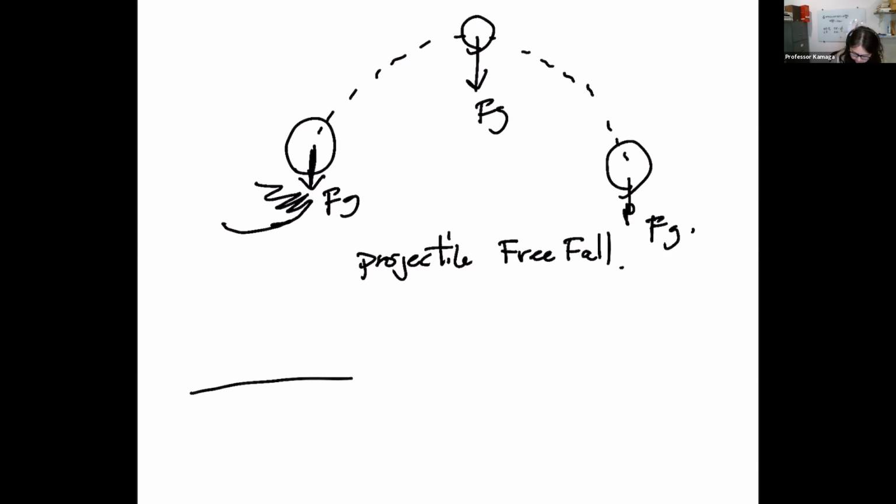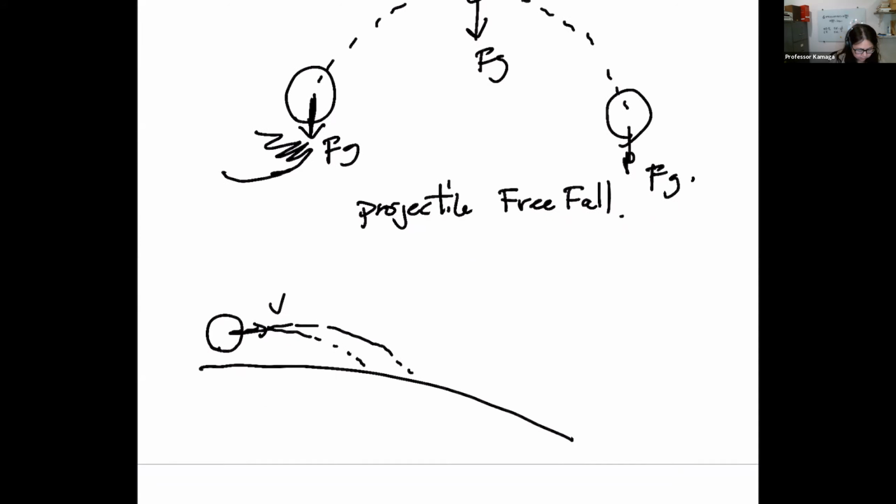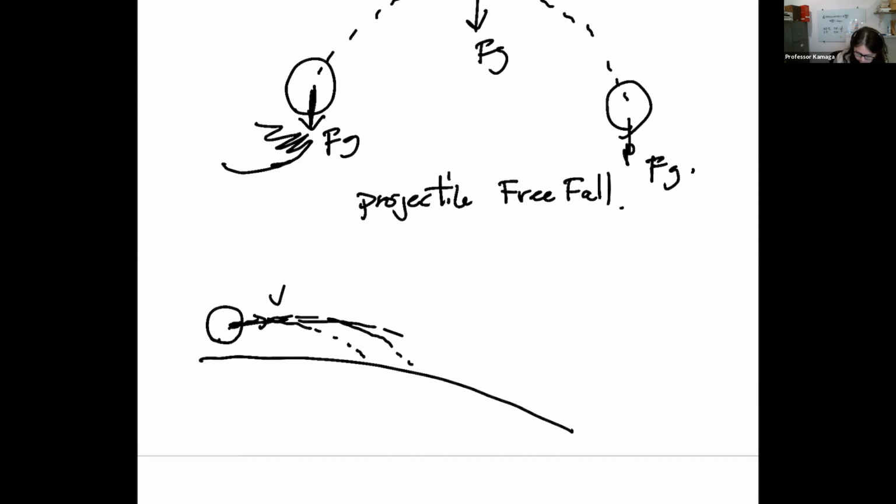Let's say this is the Earth, and I'm throwing the ball. It's going to hit the ground. Maybe I throw it harder, so my initial speed will be a little bit bigger and it goes a little bit farther. It's still going to hit the ground. I throw it harder.